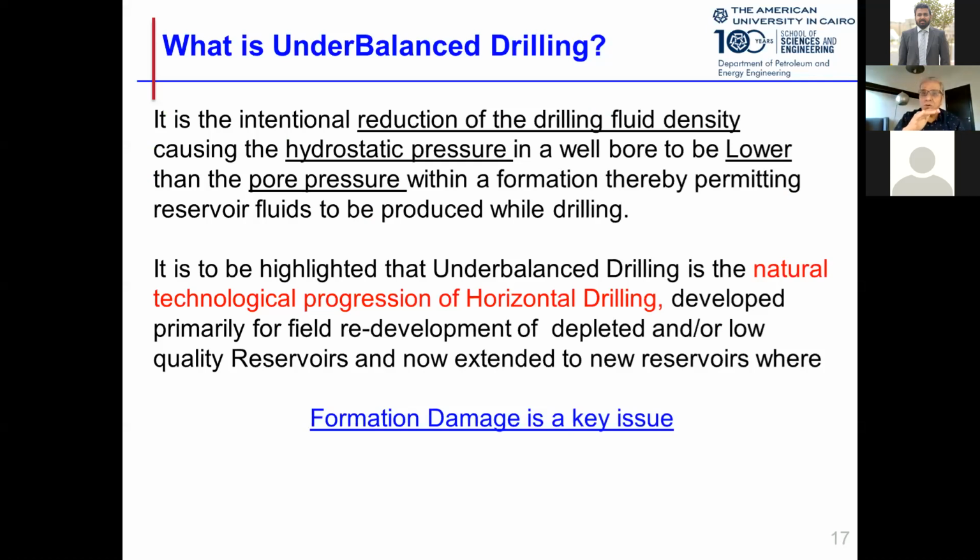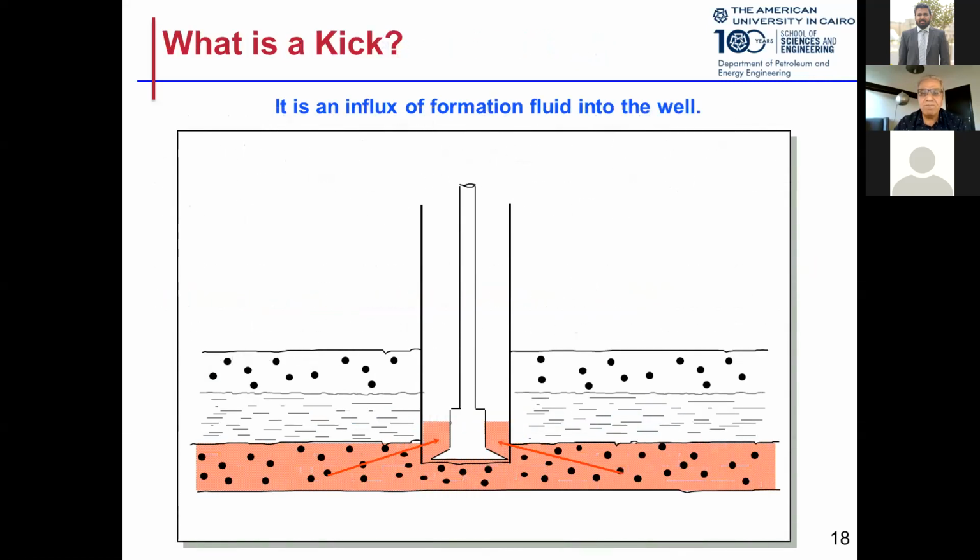So when we hit the reservoir, because the pressure at the bottom hole is a little bit lower than the reservoir pressure, the reservoir fluid will start to flow. And of course, this gives excellent effects for the case of horizontal wells. And a key factor, again, is formation damage minimization.